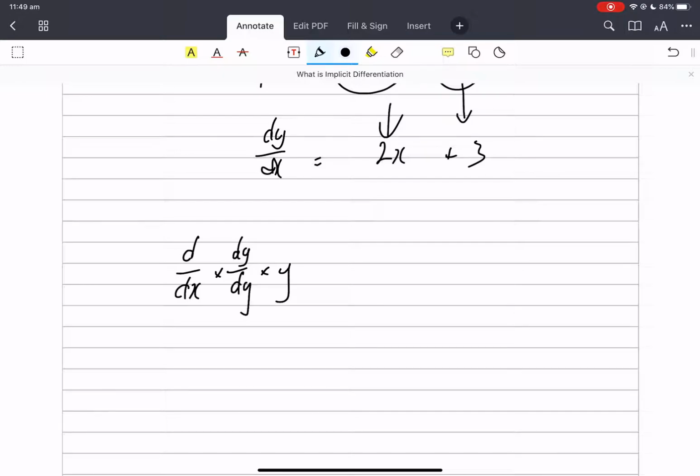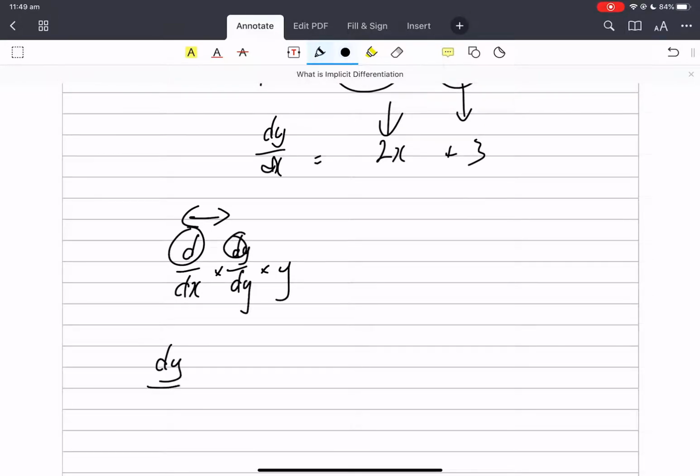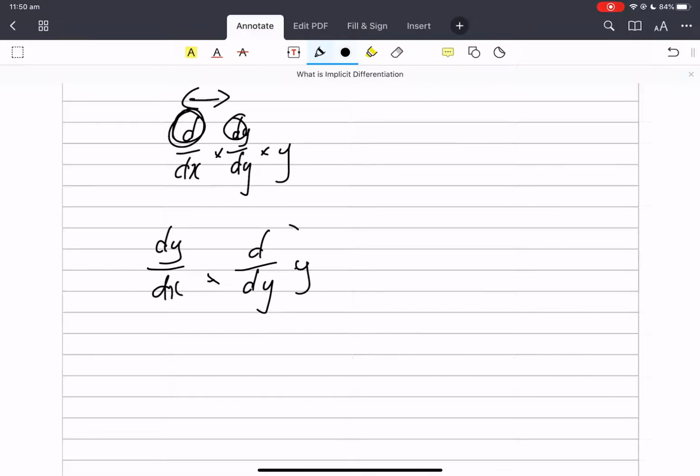Oh, fair enough, okay. And because 2 times 3 and 3 times 2 is the same, let's swap those positions. So I'm just going to put the dy to the front, and that d is going to swap back. That's not equals, that's times d/dy of y. Hey, what's the derivative with respect to y?